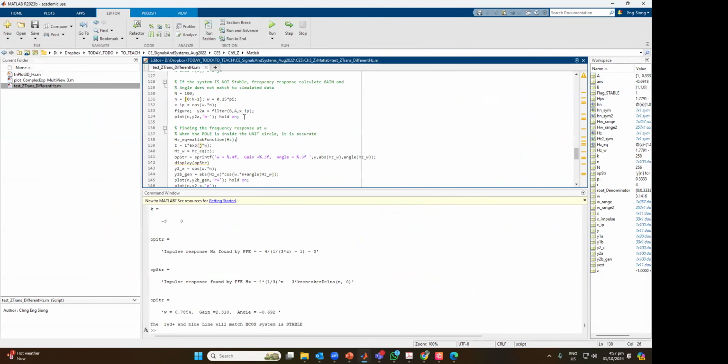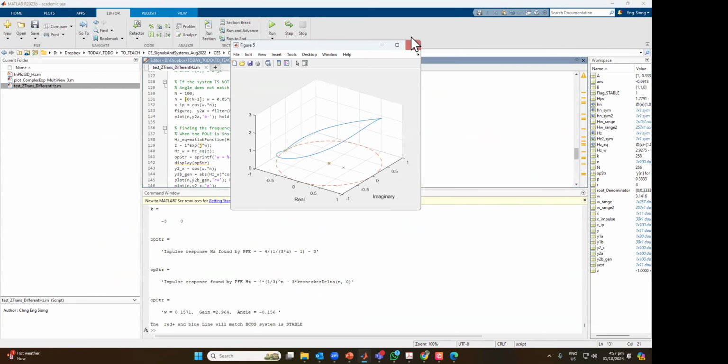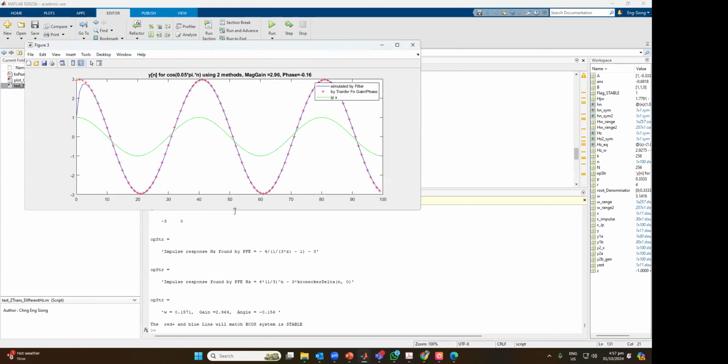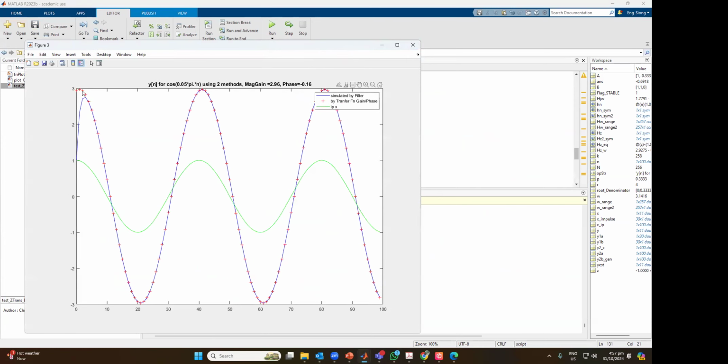So if I use a slower frequency like 0.05 pi, you see a very smooth input. Nice. The green is the input. The blue is the output. The red is the infinite cosine that is going to be multiplied by 2.96.